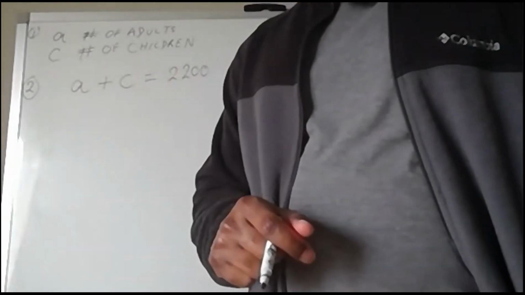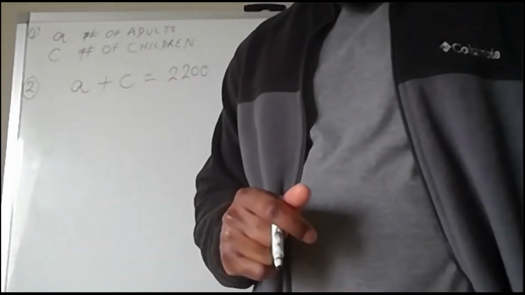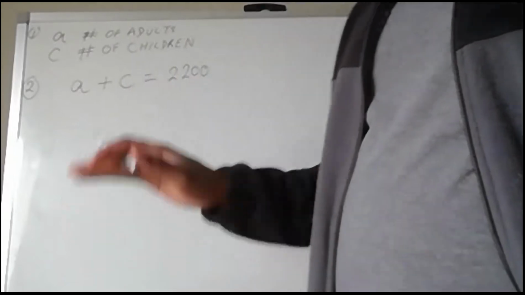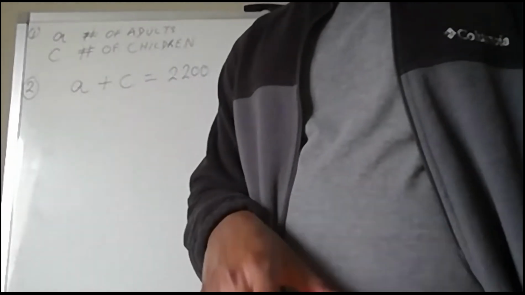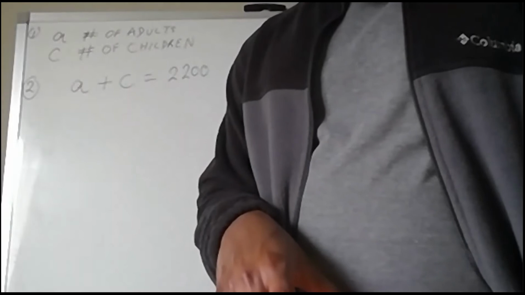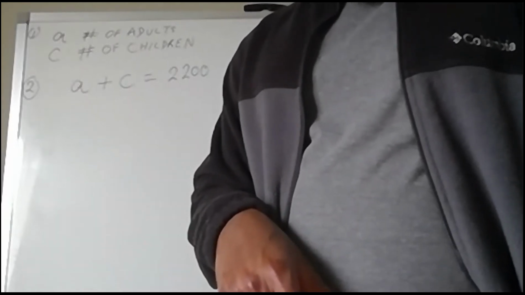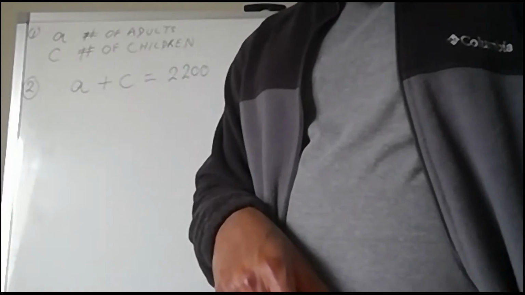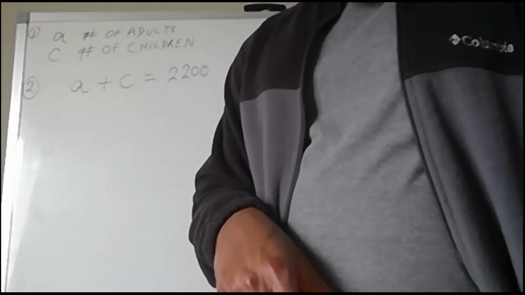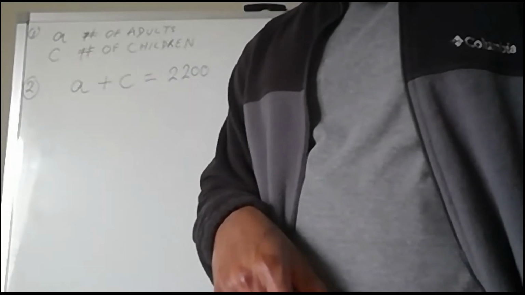Now, the second equation that we have to make in order to solve this is going to be based on the amount of money, okay? So if we look at the admission fee, it's $1.50 for children and $4 for adults.